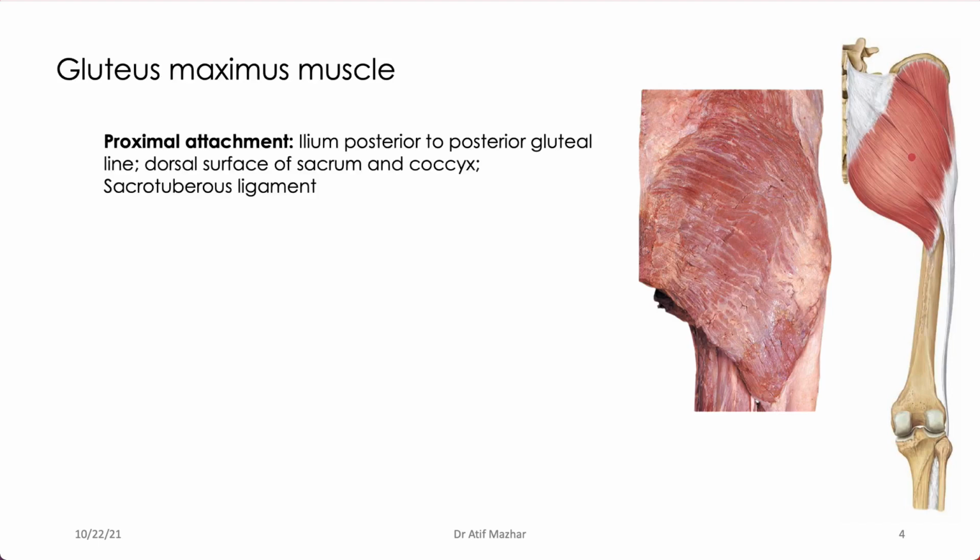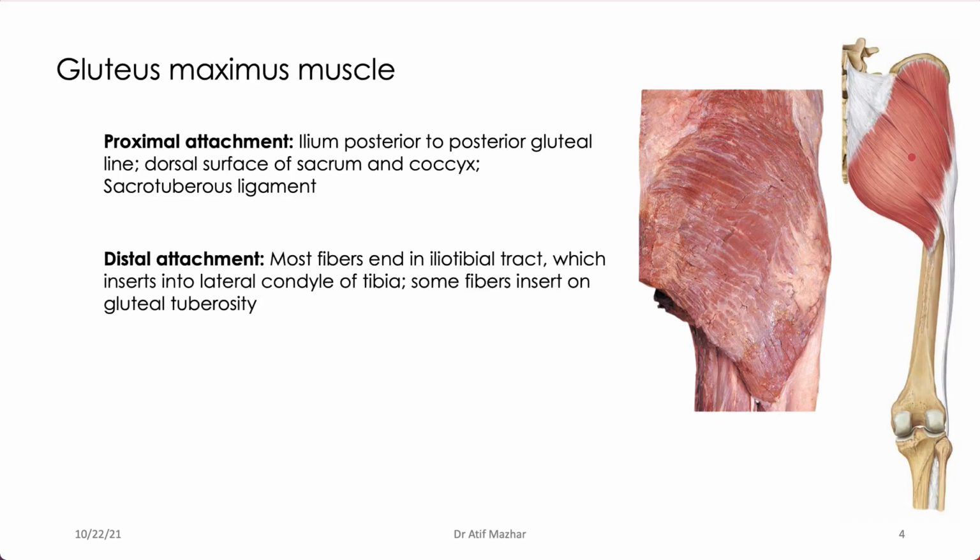Now the proximal attachment, guys. This gluteus maximus is one of the very important muscles, and you should study it in maximum detail. It comes from my ilium, posterior to the posterior gluteal line. You have seen it right now. And then the dorsal surface of the sacrum and coccyx and the sacrotuberous ligament.